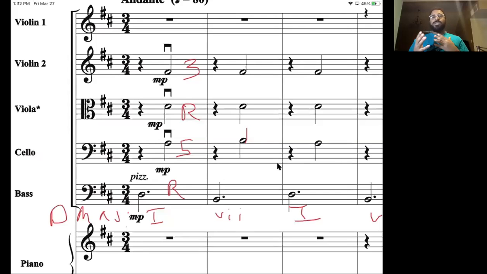What's a just instrument? Ones that can adjust the pitch, the wavelengths and the frequencies between the notes. And you'll hear some of that in the vocalists, the string players, and a couple of wind players like the trombone that can usually slide and change pitch. So if I'm a mallet player, I'm an equal temperament instrument. 440 is the primary note, and everything is equally spaced with semitones or half steps.